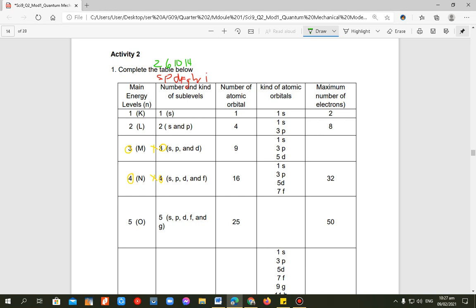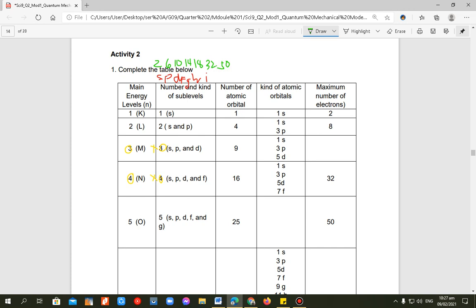And so on and so forth. So 14, 18, then 32. Tandaan po natin yan. S2, P6, D10, F14, G18, H32, and so on and so forth. So yung I is 50. That's it. Yan po yung another kind of sublevels.